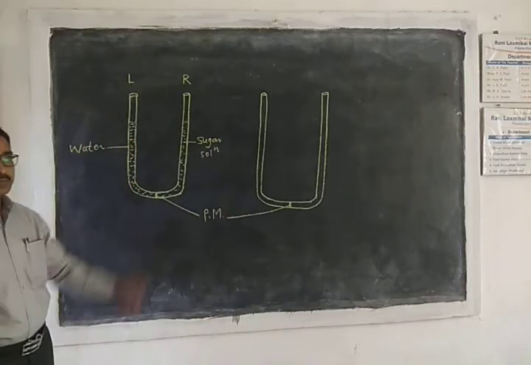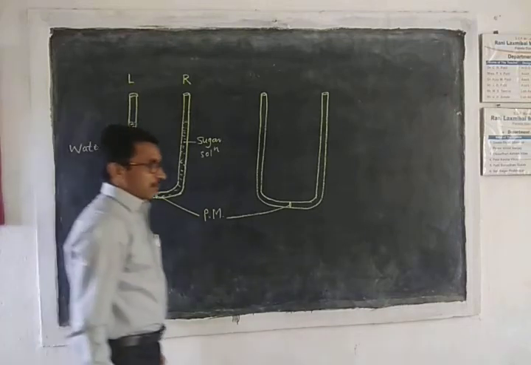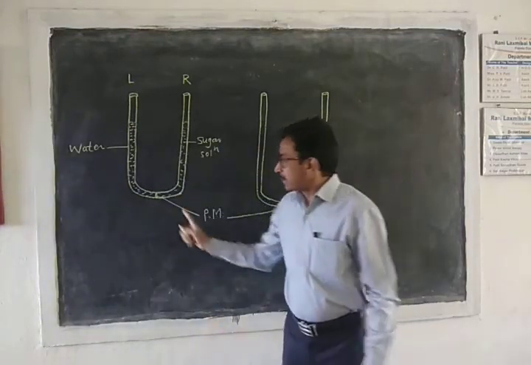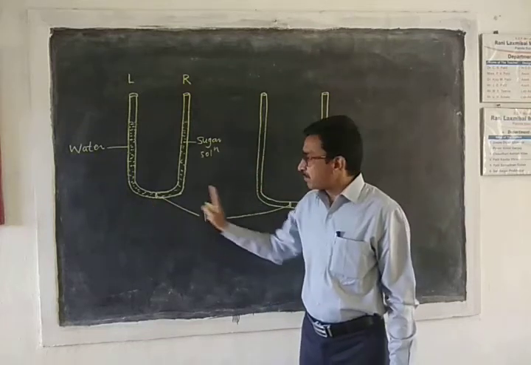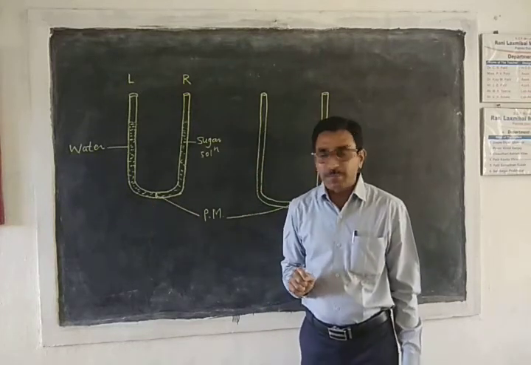This is the U-tube. At the middle of the U-tube, a plasma membrane is fixed. Plasma membrane is a semi-permeable membrane.